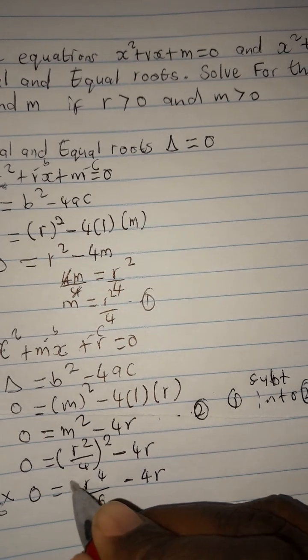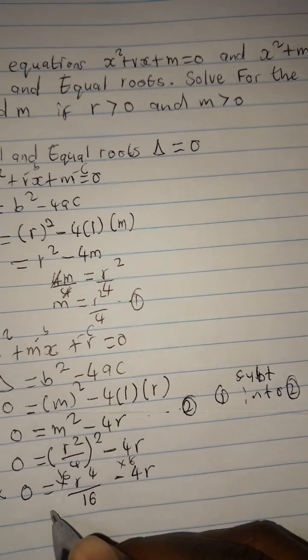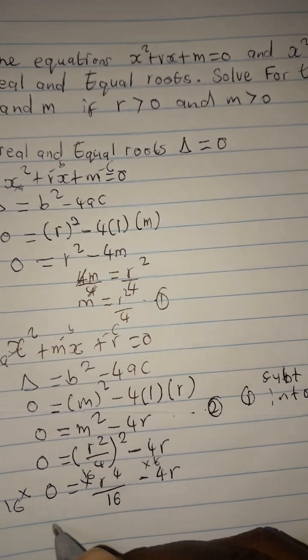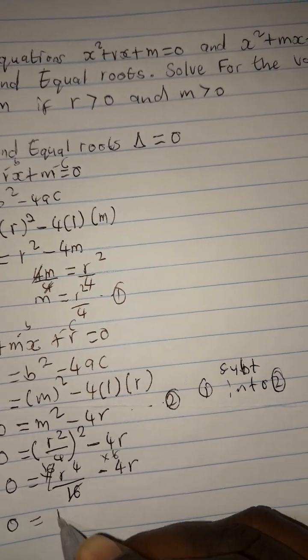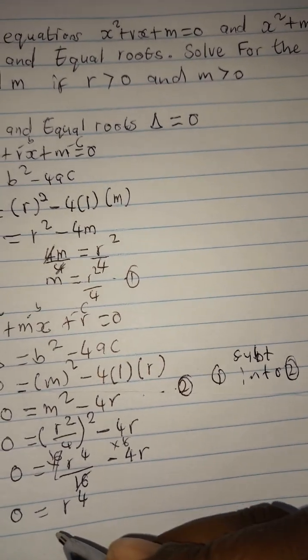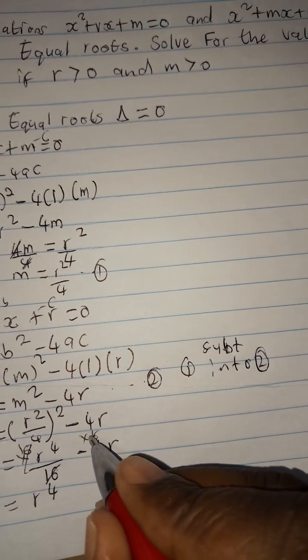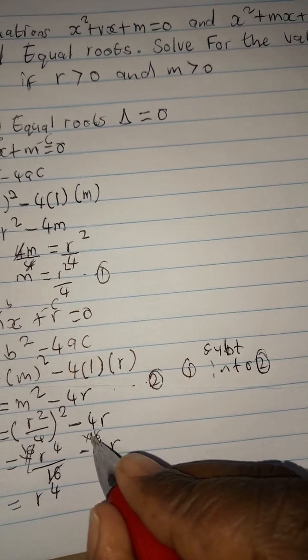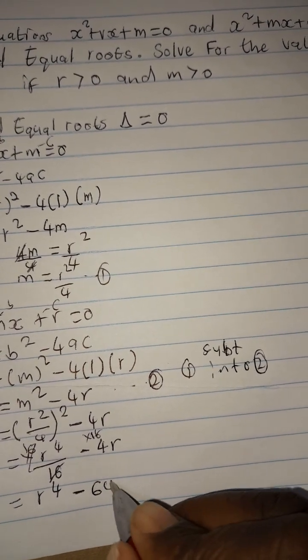So 0 times 16 is 0, and this 16 and this 16 cancel. We are left with r to the power 4, minus 16 multiplied by 4r, we are going to have 64r there.